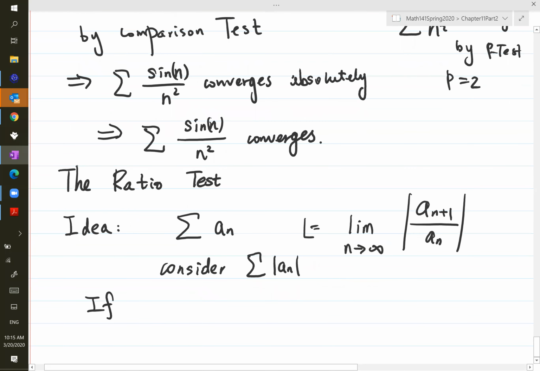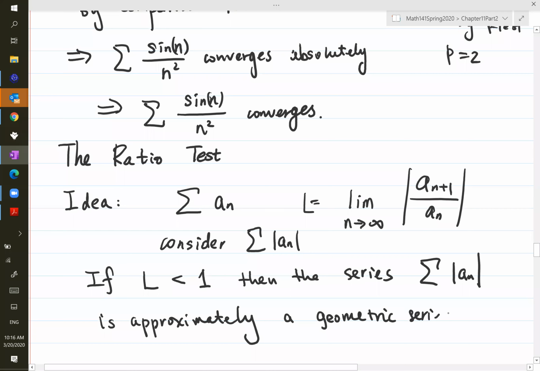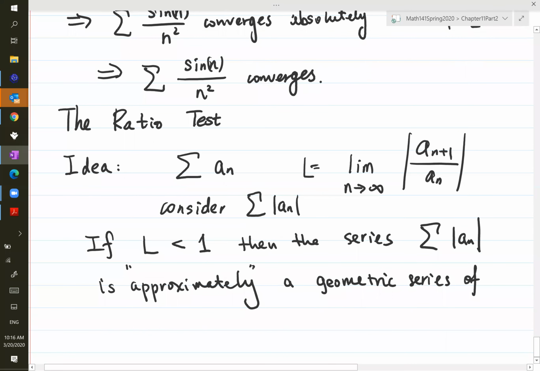Now, if L exists and is less than 1, then the series a_n can be viewed more or less as approximately a geometric series with common ratio L less than 1.